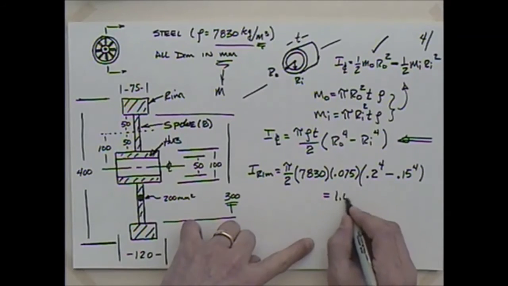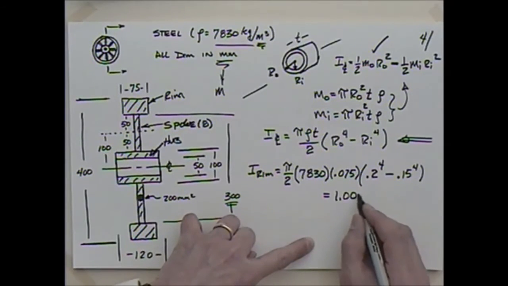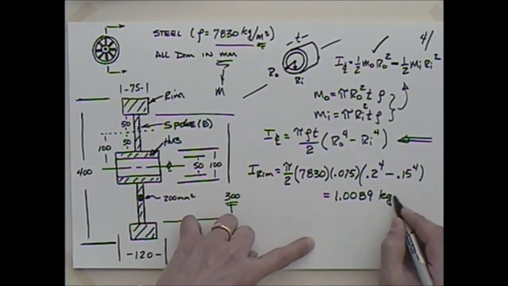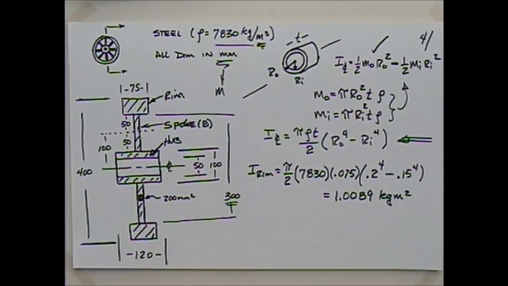So I get 1.0089, and that would be kilogram meters squared. And that's just for the rim.